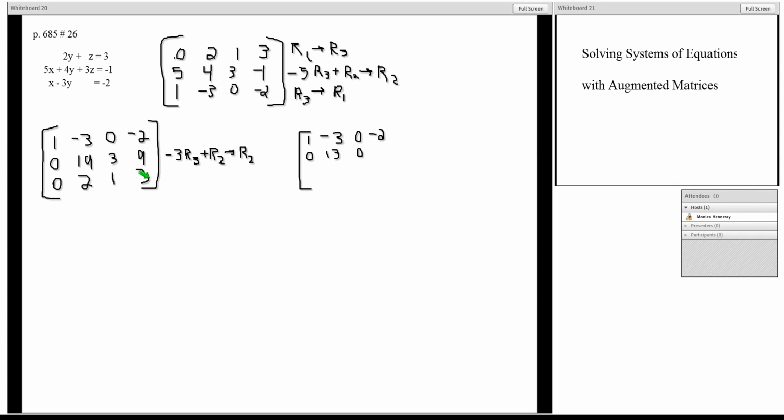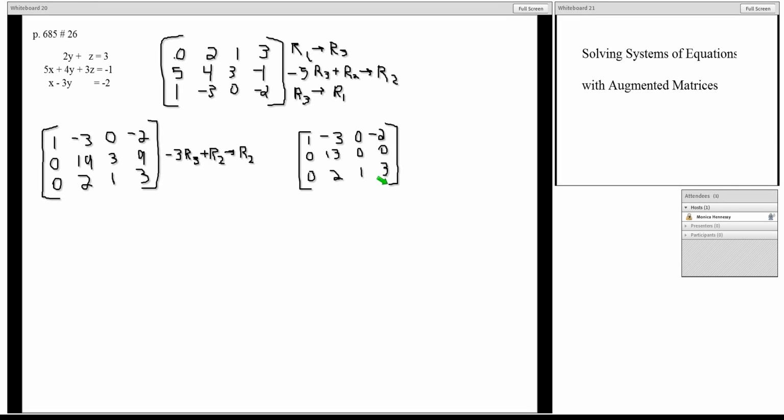Alright, so starting again. Keeping the top the same. 1, negative 3, 0, negative 2. Negative 3 times row 3. So 0 times negative 3 plus 0 is 0.